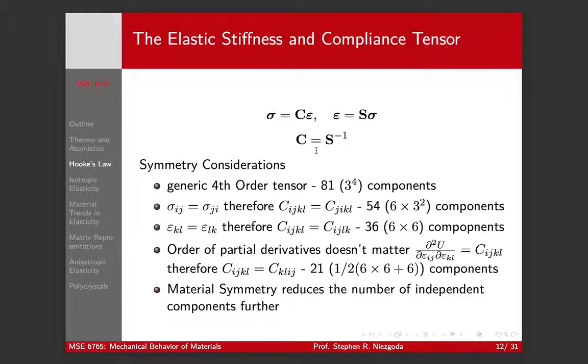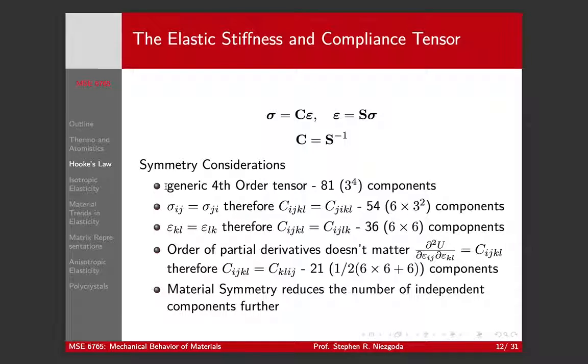If I multiply by S, I would get S sigma equals SC epsilon, which is C inverse times C, so identity epsilon. So it's a way of moving back and forth between these two equations. Even though it's a fourth order tensor, it works exactly the same.